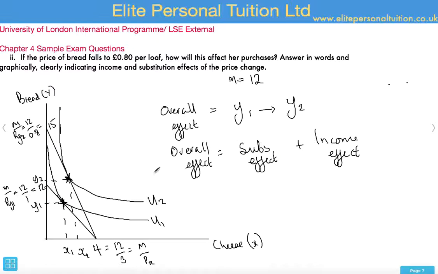So in order to get the income effect, what we do is we create a new budget line, which is parallel to our new budget line, but then we shift it out to touch our old utility line. So we see we kind of got this tangency point there.